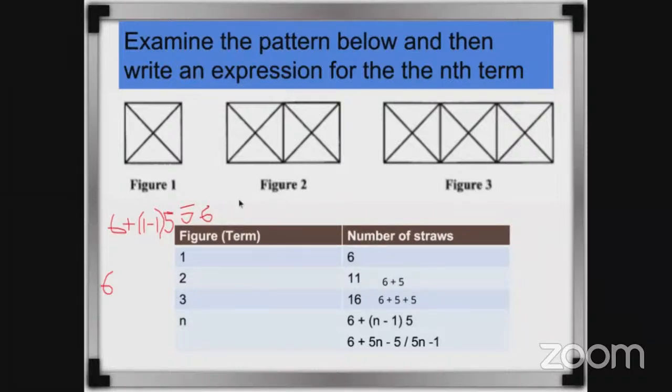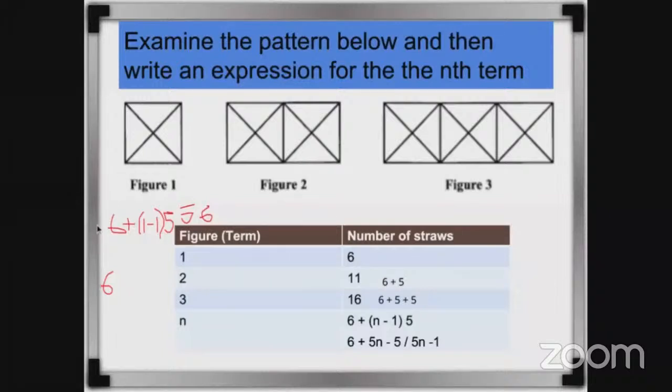So what we're saying here, when you look at a pattern within a sequence, you have to understand where the base is. What is the first pattern? Hence why we have the 6. The first pattern started off with how many straws? Means the first pattern started out with 6 straws. Right.